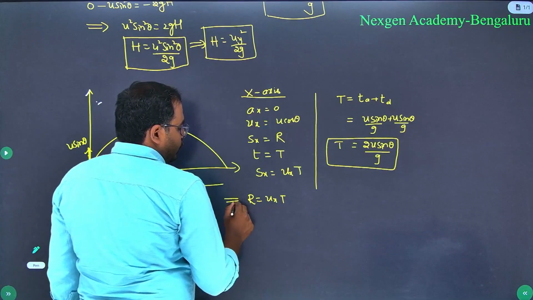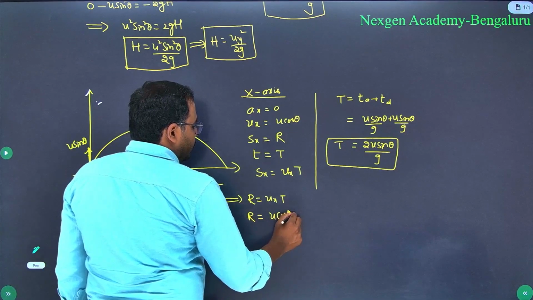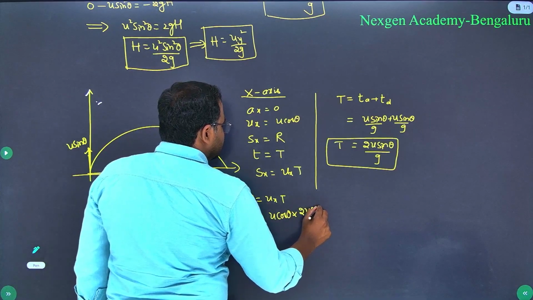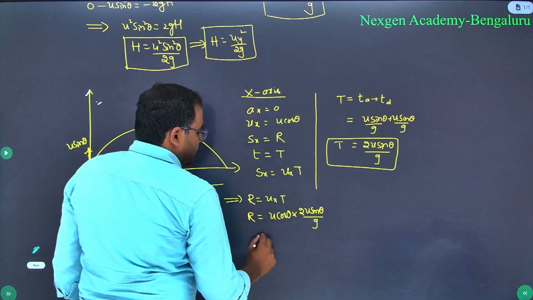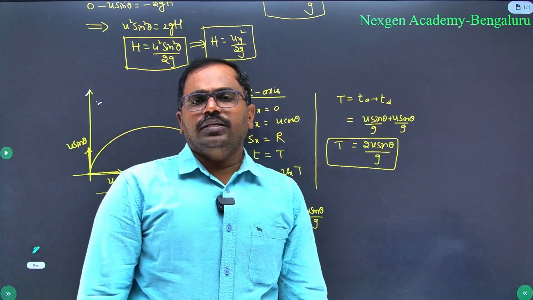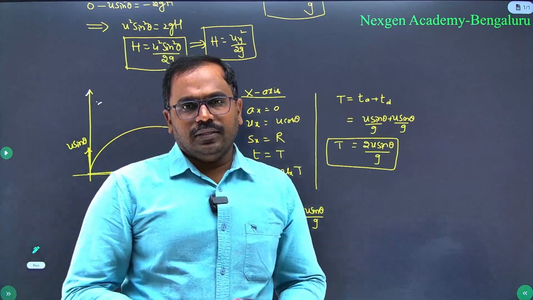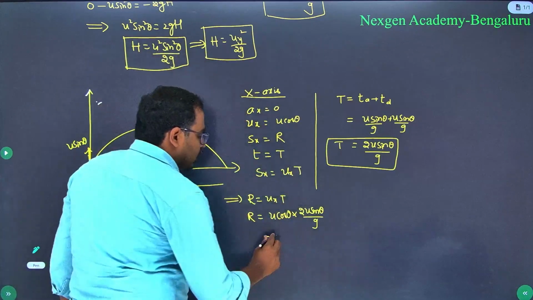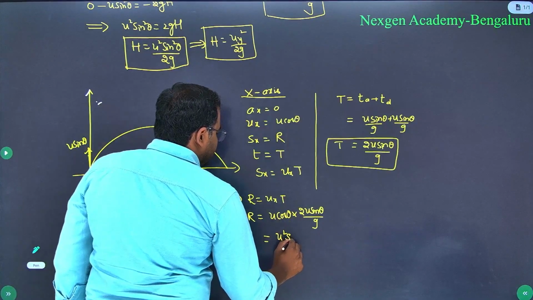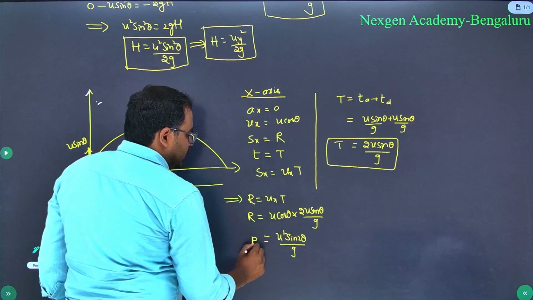That implies r is equal to ux means u cos theta and t is equal to 2u sin theta by g. In trigonometry we know that sine 2 theta is equal to 2 sin theta cos theta. Based on that, this can be rewritten as u square sine 2 theta by g, which is the horizontal range.